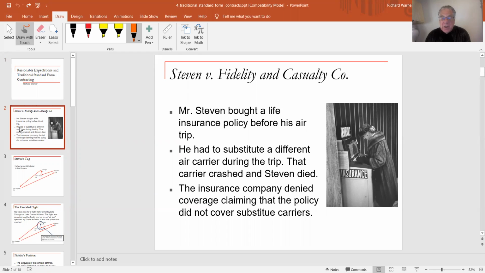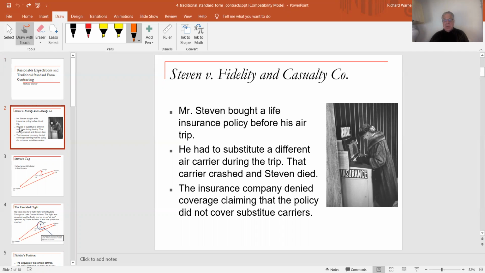You don't see these anymore, but they're very common when I was growing up. Because the insurance companies had convinced people that flying on airplanes was dangerous, right? And there was some chance that the plane might crash and you would die. So they sold life insurance policies at the airport and at the vending machine, and you bought it just before you got on the plane. So that's what Mr. Stevens does.